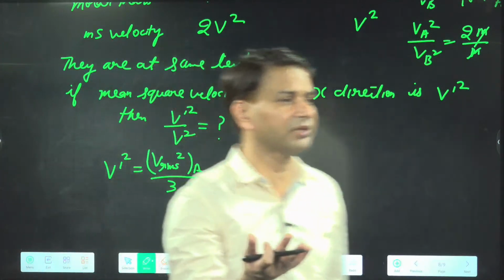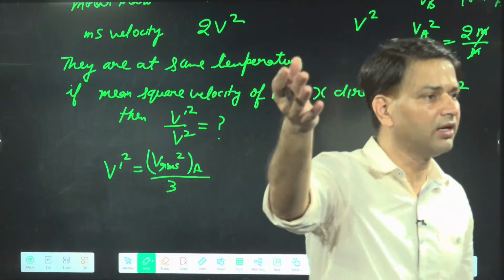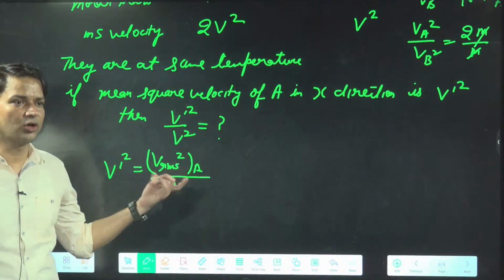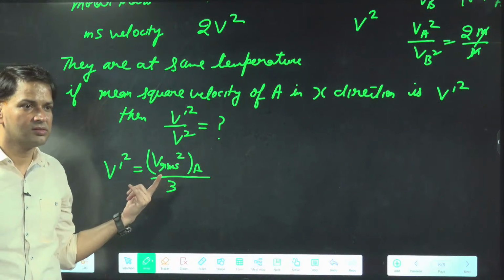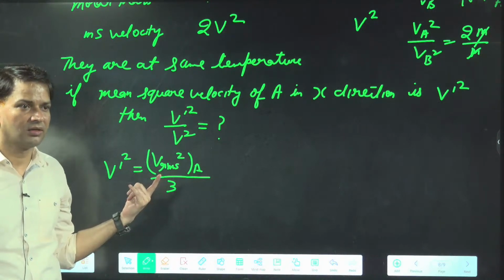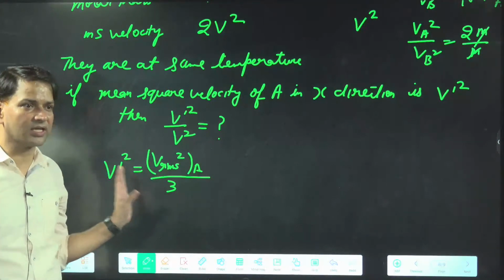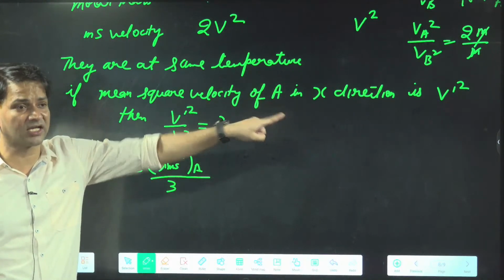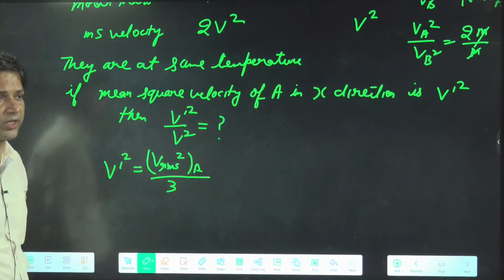So in any direction, the mean square velocity is one third of the mean square velocity. Everybody got this step or not?